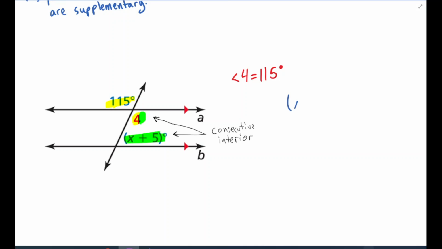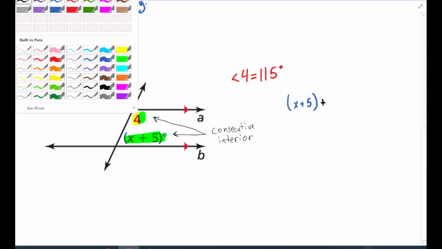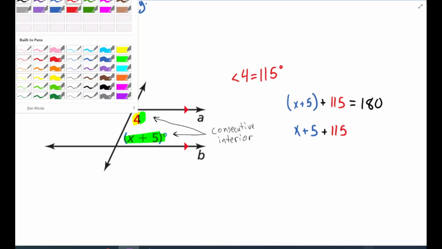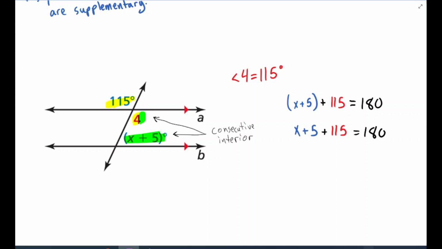We can have x plus 5 plus 115 equals 180. Now you could put degrees on this, it doesn't matter too much at the moment. We can go about solving this a myriad of ways. I am personally going to get rid of the parentheses because they are not needed, which leaves me with x plus 5 plus 115 equals 180.